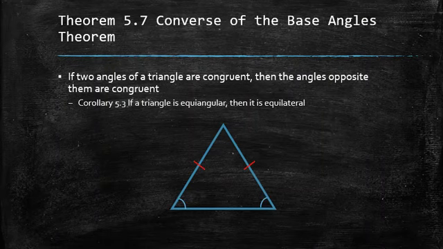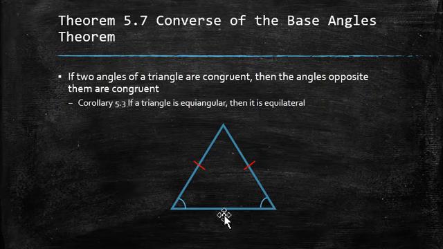The base angles theorem has a converse, which states the opposite, where if two angles are congruent, then their opposite sides must also be congruent. This one also has a corollary, which states that if a triangle is equiangular, meaning their angles are the same, then it is also equilateral, meaning their sides are the same.